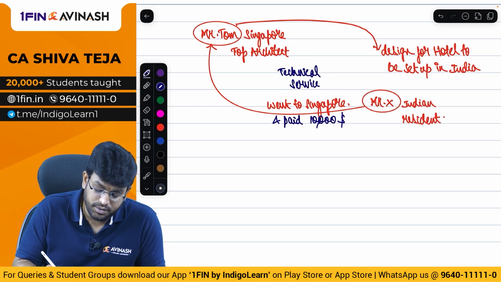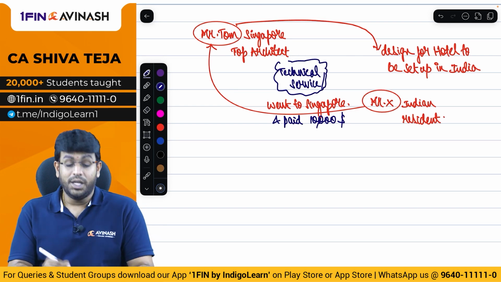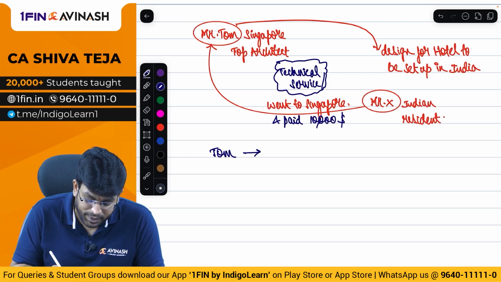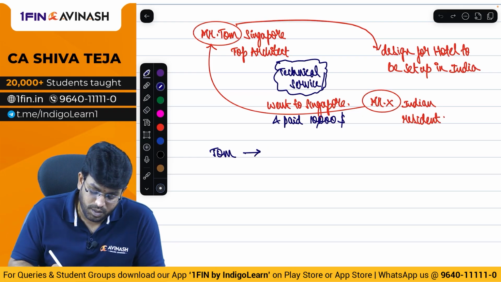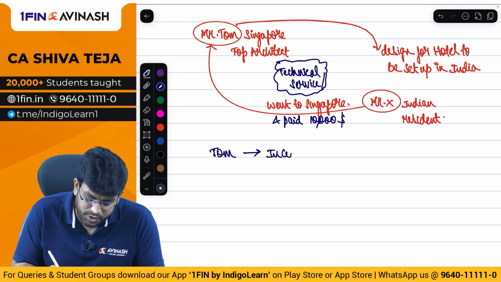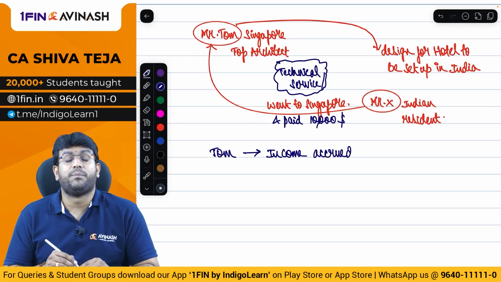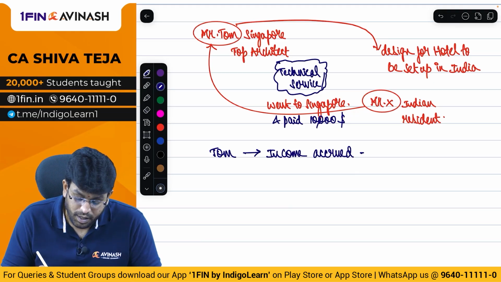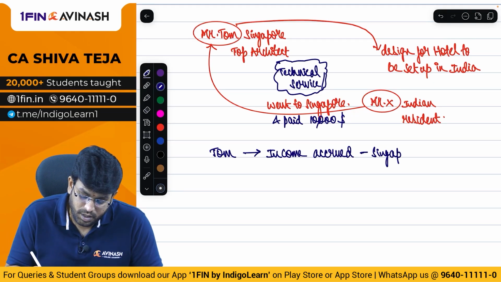Now what is the point is, technically this is like a technical service or a professional service. Now the point to be noted here is, from Tom's perspective, my dear friends, one more time I repeat, from Tom's perspective, income accrued where? Singapore.